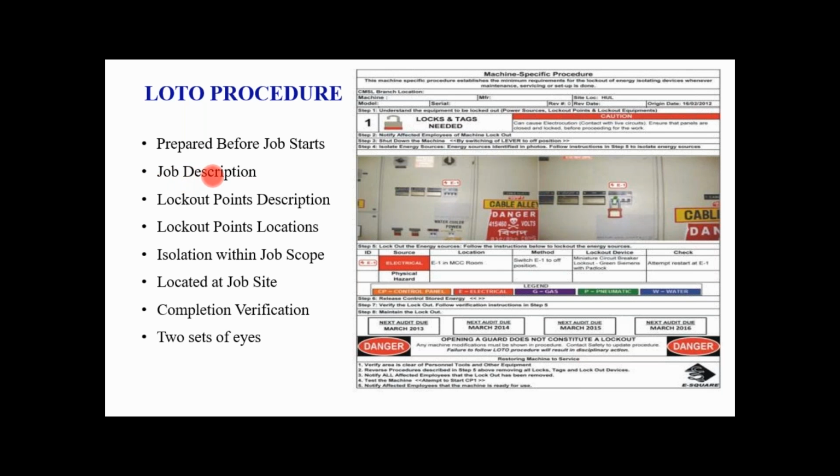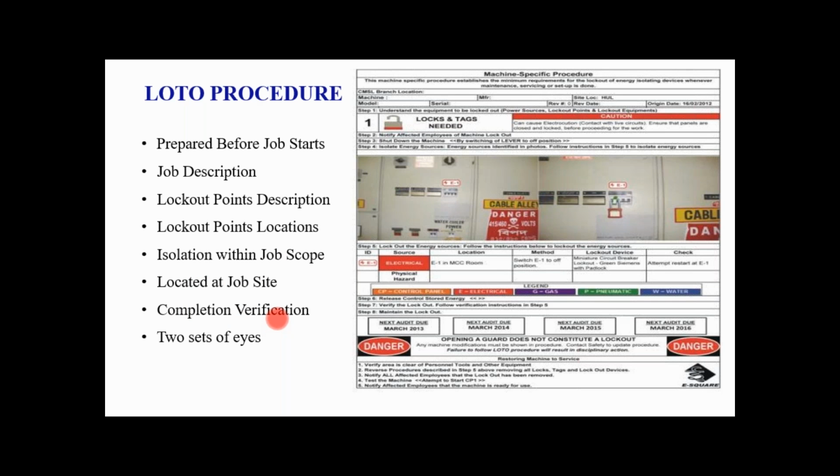The job description should be mentioned in this machine specific procedure sheet. Lockout points description and location should be mentioned. Then isolation within the job scope should be mentioned, then located at job site, and completion verification.